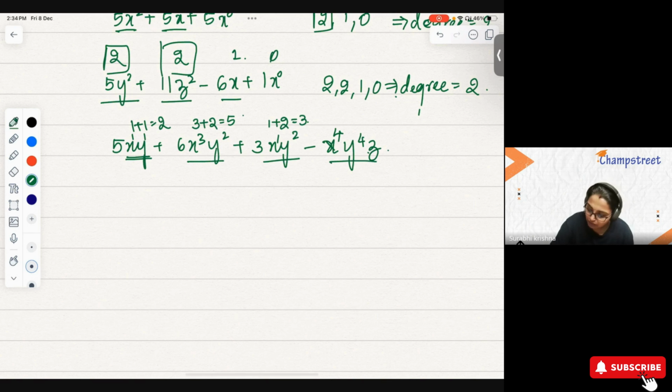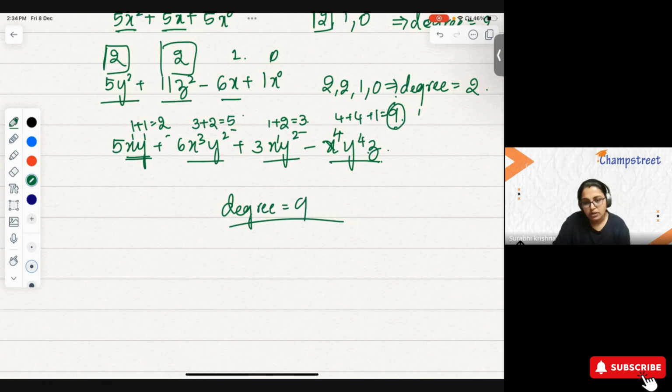The power of the last term is 4 plus 4 plus 1, that is equal to 9. So among 2, 5, 3, 9, which is the greatest number? 9 is the greatest number. So degree is equal to 9. Now you know how to find the degree of the polynomial.